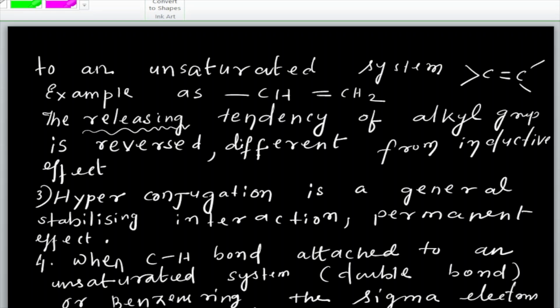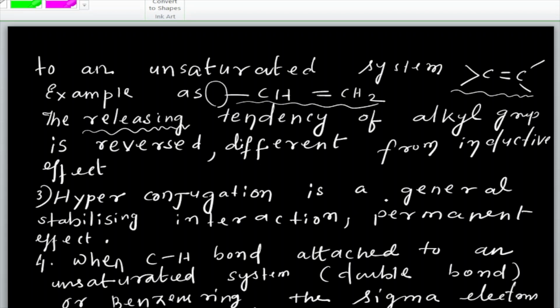Are you clear? If the alkyl group is simply present, then the more alkyl groups, the more tendency to release electrons. When an unsaturated system like C=C or C=CH2 is present and any alkyl group is attached to this side, the tendency is reversed.